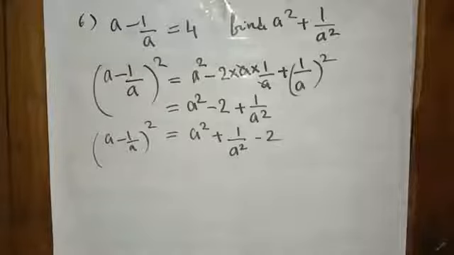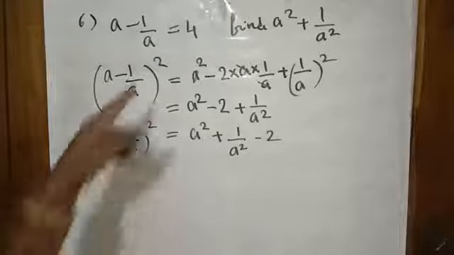It is a square plus 1 by a square plus 2. There is no need to learn it by heart, you just use the formula a minus b the whole square is a square minus 2 into a into b plus b square. Then you will get the answer, a square plus 1 by a square minus 2.